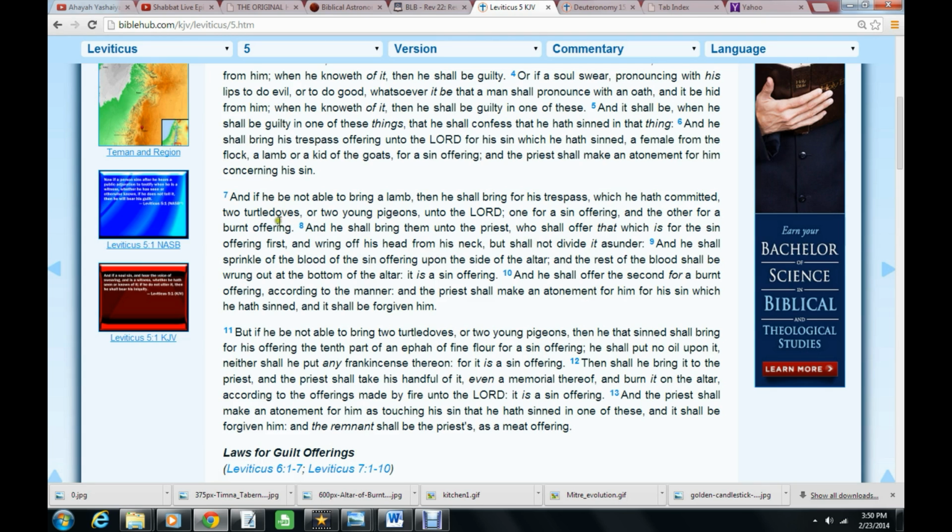And he shall sprinkle of the blood of the sin offering upon the side of the altar, and the rest of the blood shall be wrung out at the bottom of the altar. It is a sin offering. And he shall offer the second for a burnt offering, according to the manner.